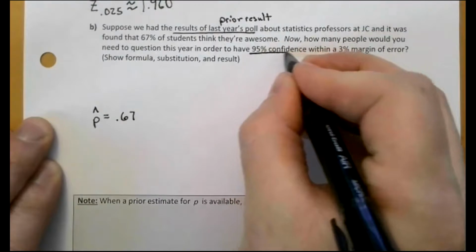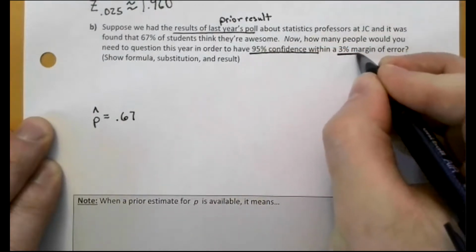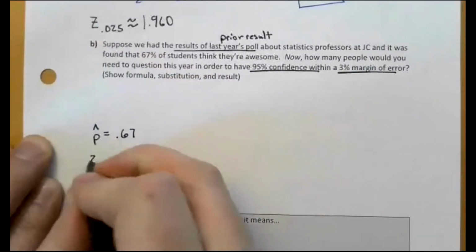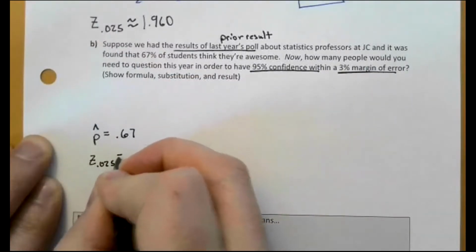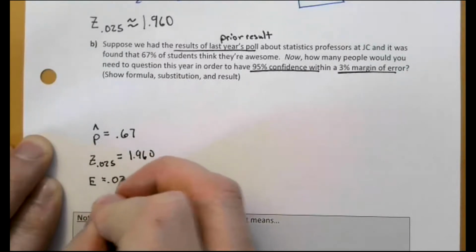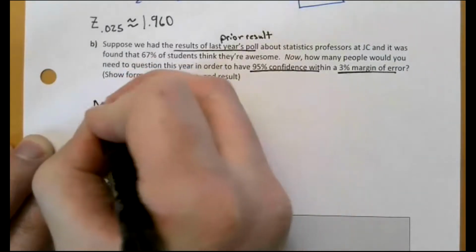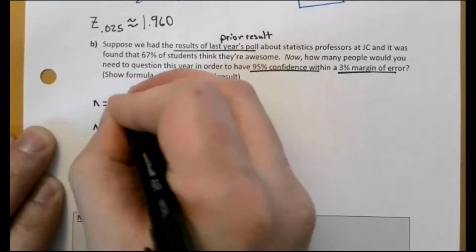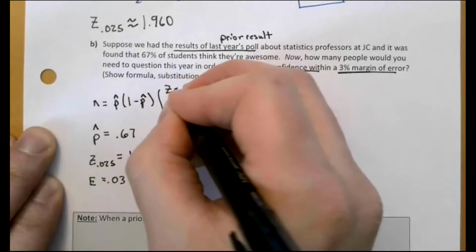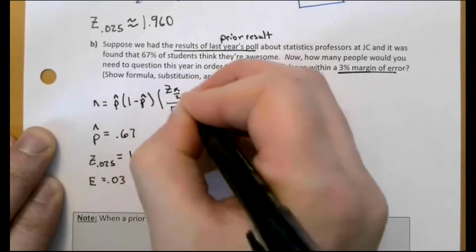We're going to keep the confidence level and the margin of error the same, so we're going to reuse this Z alpha of 0.025 from above, and our E, which is 0.03. Now our formula is n equals p hat times 1 minus p hat times the Z critical value divided by E, squared.